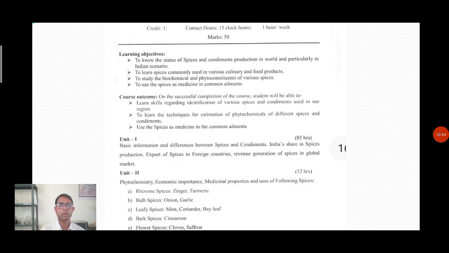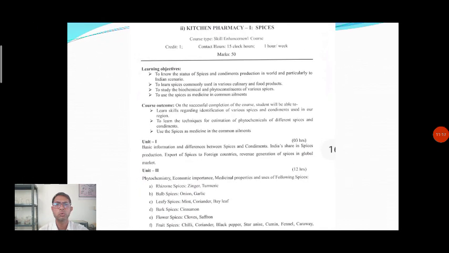Now unit number 2 is totally related to phytochemistry, economic importance, medicinal properties and uses of the different spices. So this particular unit 2 includes the rhizome spices, ginger and turmeric, then bulb spices, onion and garlic, leafy spices, bay leaf, coriander, and the bark spices include cinnamon.